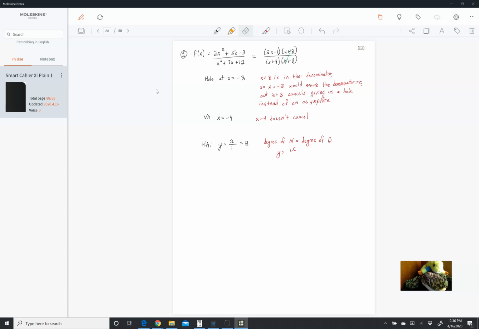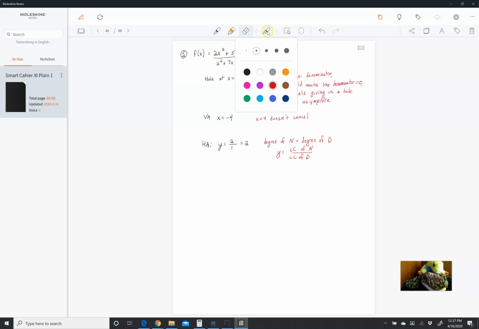I'm going to abbreviate leading coefficient as LC. Okay, everything else gets ignored. Everything else becomes irrelevant. So the x squareds cancel and you're left with 2 over 1.